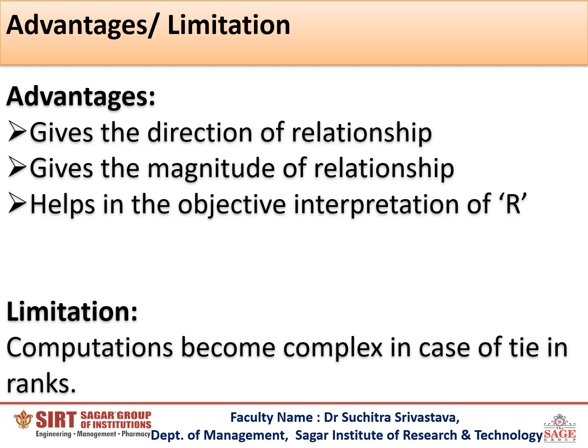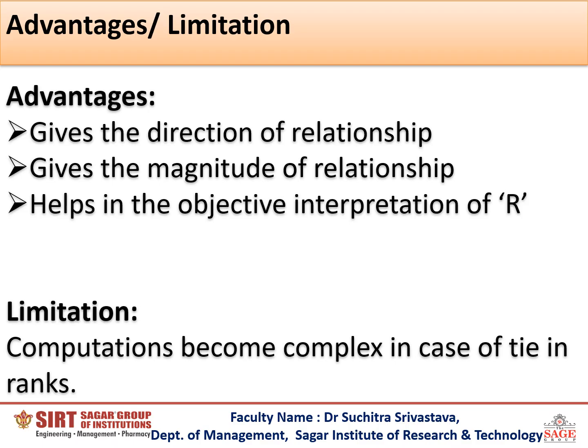The main advantage is that it gives the direction of the relationship, the magnitude of the relationship, and it also helps in the objective interpretation of R or rho. We may add one more advantage, that it can be used for qualitative data.